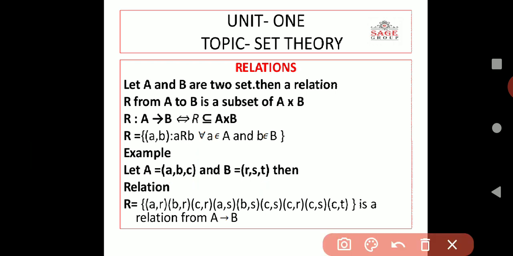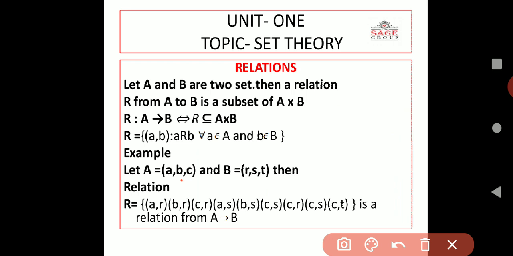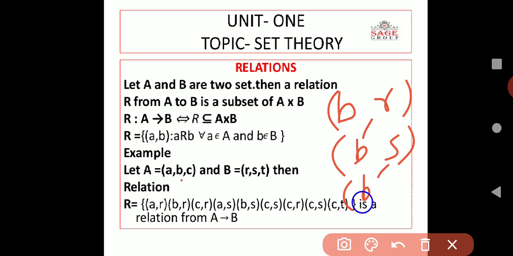If we consider a, the first relation, a with r, s, t, so we get ar. Again for a, the second relation is as, and the third relation is at. And if we take the second element b from here, then the relations are br, bs and bt.